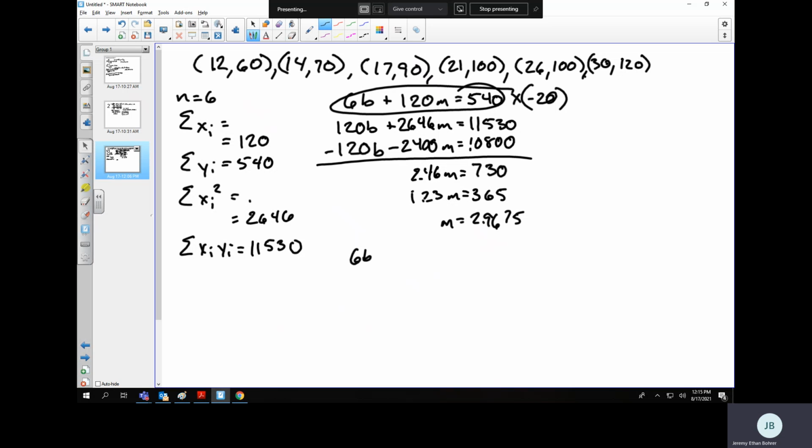So 6b plus 120 times 2.9675 equals 540. Minus 120 times 2.9675.